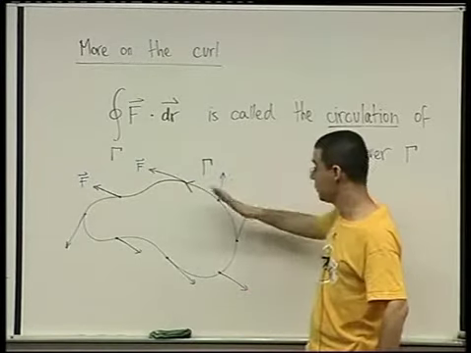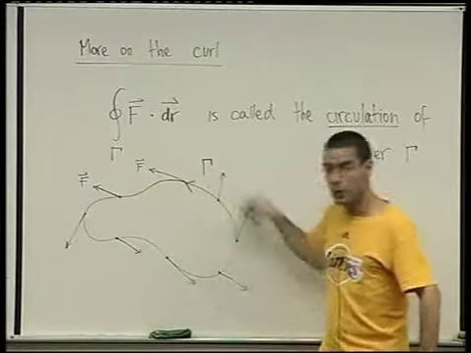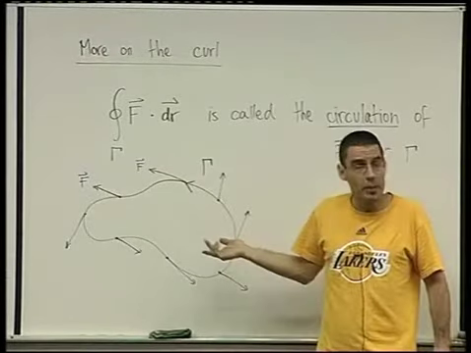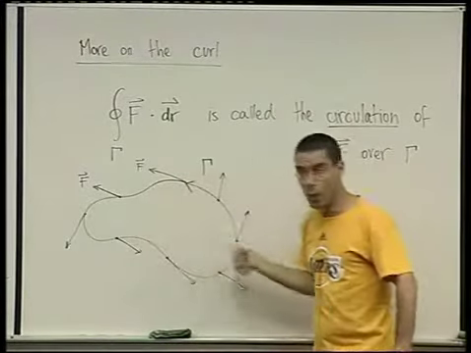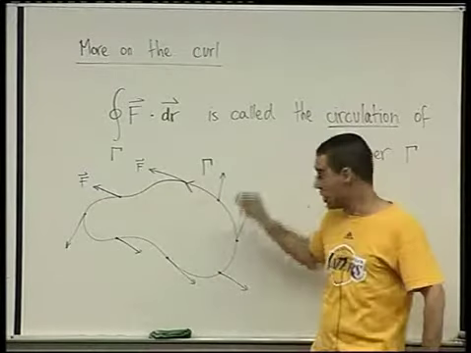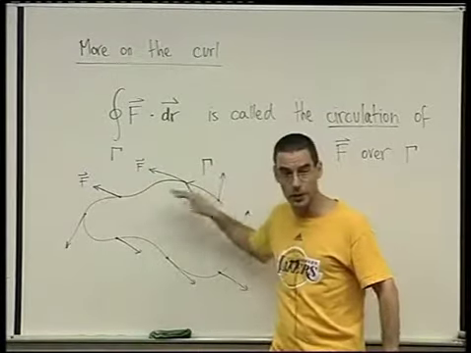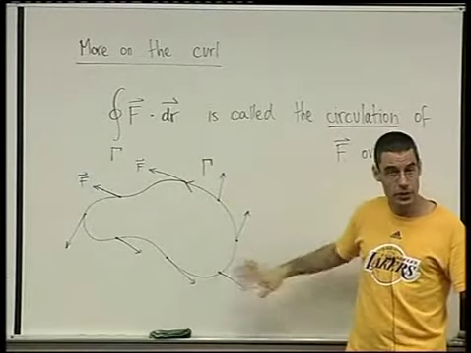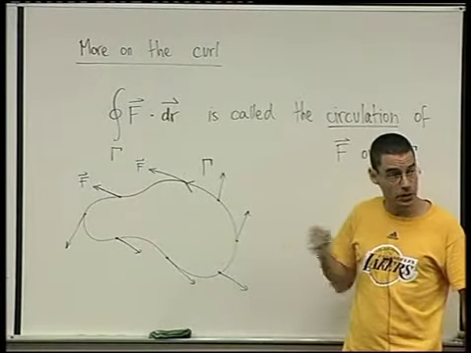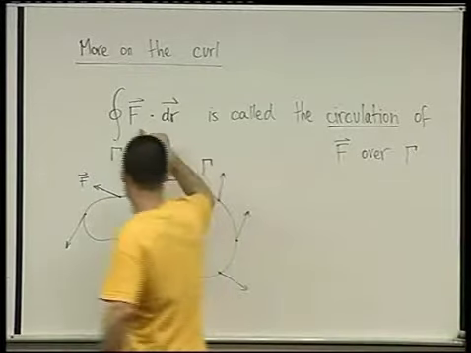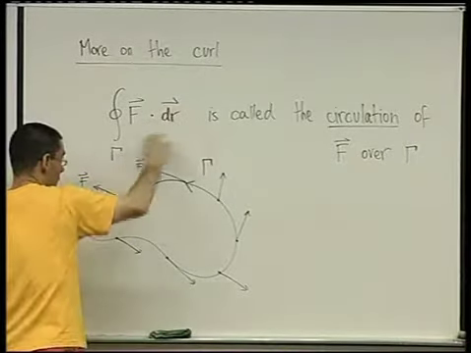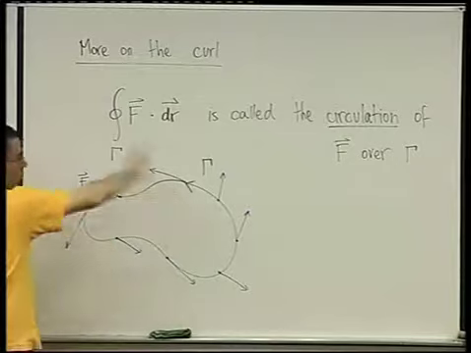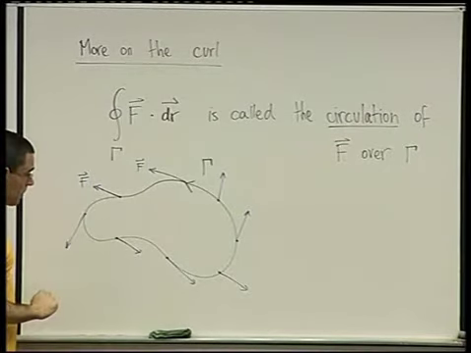Maybe here it's almost zero. So the water is going to be flowing. If you think of a bead and you think of this as a wire, you can also call it circulation. That bead is going to go around that wire because at every point the force is going to be pulling it. Do you understand that? So this is why this quantity is called the circulation of F over gamma.